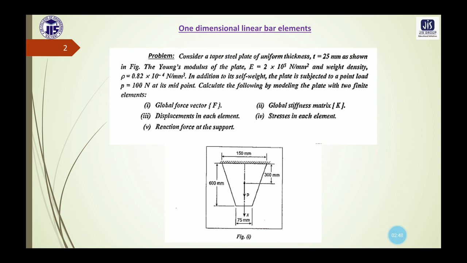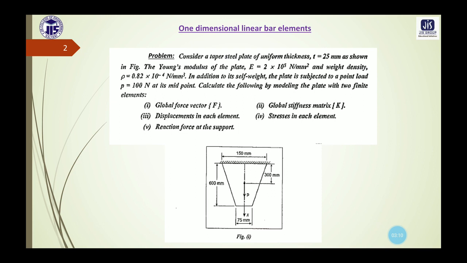So we need to calculate the following by modeling the plate with two finite elements. So what are the things we need to calculate here? First, we need to calculate the global force vector.